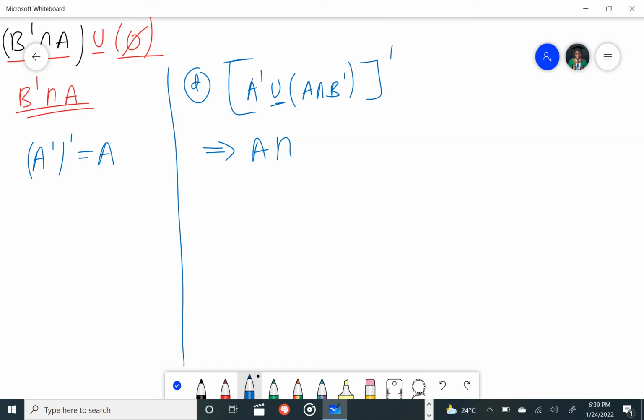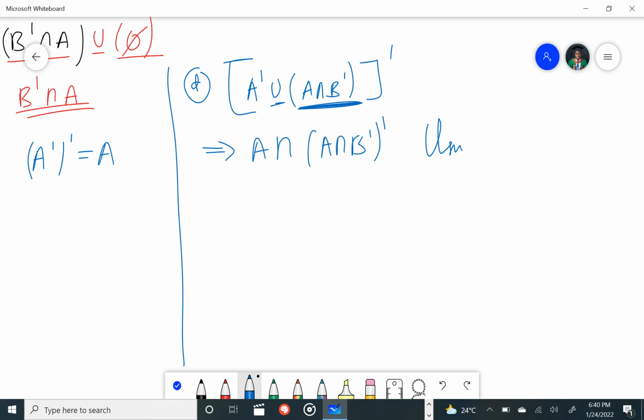Then since these are in brackets, they're going to be treated as one thing. Okay, so there's a complement there, and then the complement will just be outside.